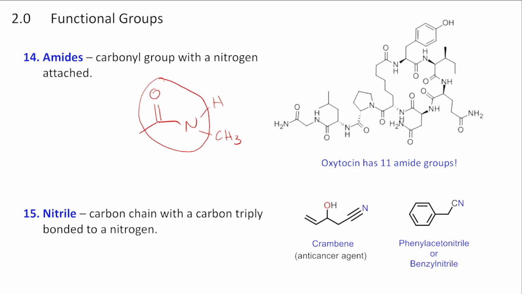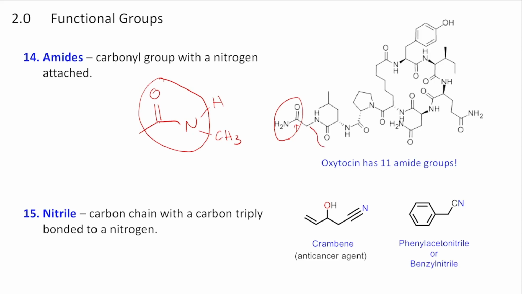And this molecule you see on the right is a large, complex-looking molecule called oxytocin. And oxytocin has multiple amides in this structure, which we can look for. Starting on the far left, you can see here is a carbonyl group attached to a nitrogen atom. So that makes for an amide group.